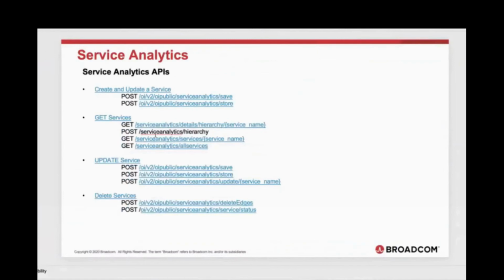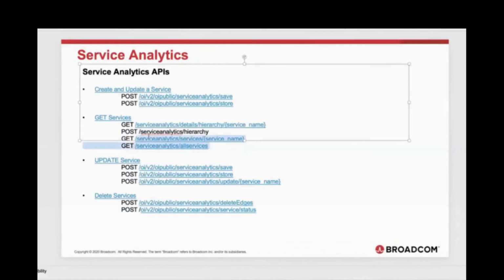So these are the list of APIs that are available right now. For creating and updating services, we have save and store APIs. The save is the existing one, only that it is now available with the OI public route as well. Then there are GET APIs.